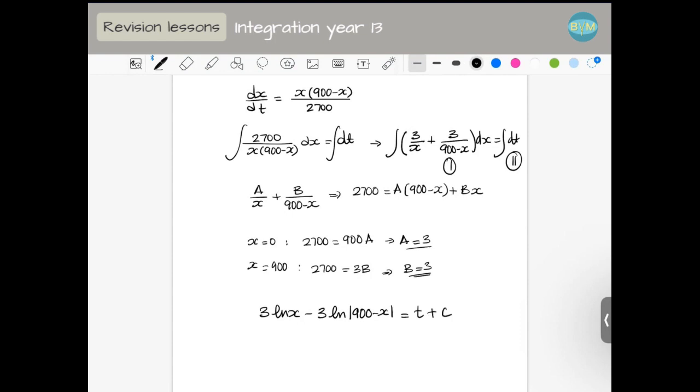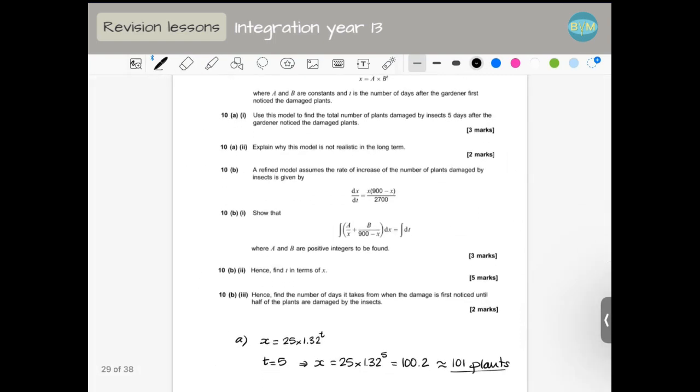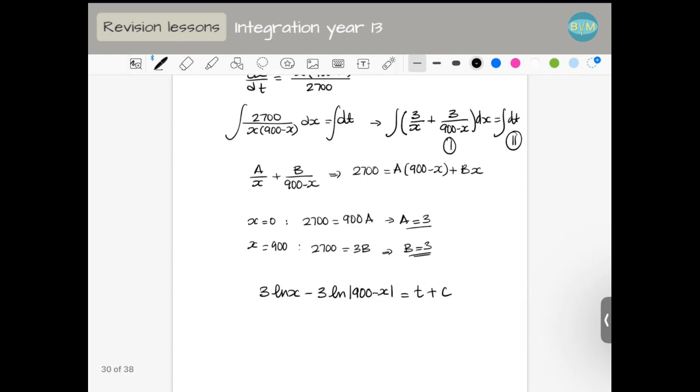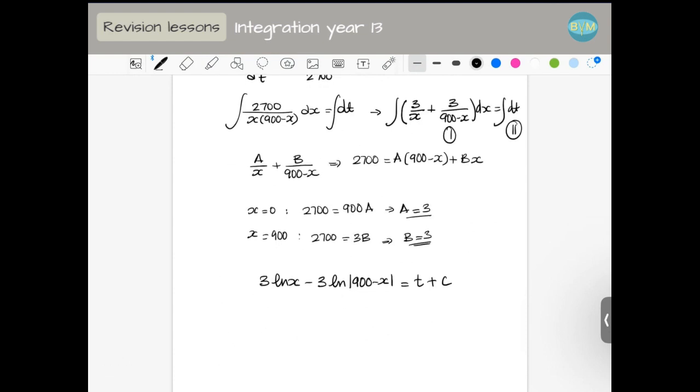Plus the constant of integration. Now I have to find t in terms of x. I need to find the constant of integration, and then I have t is equal to all that.